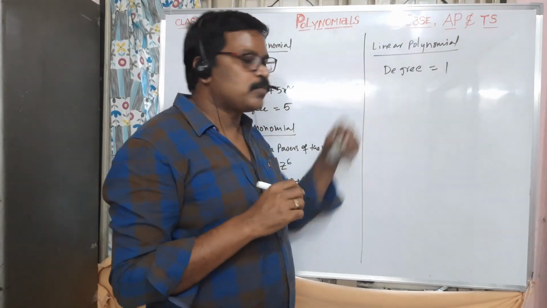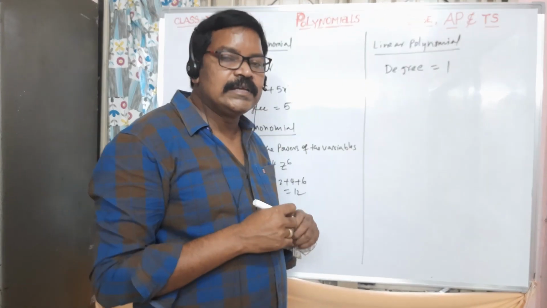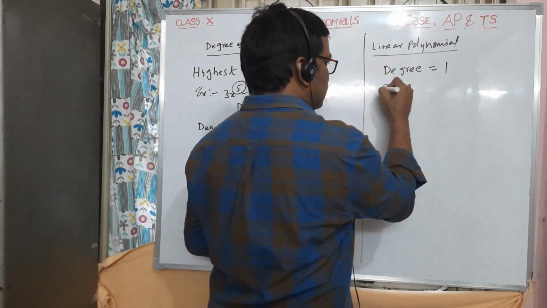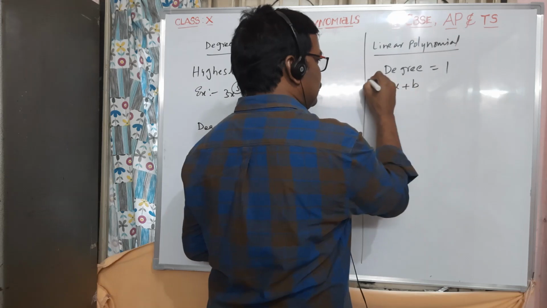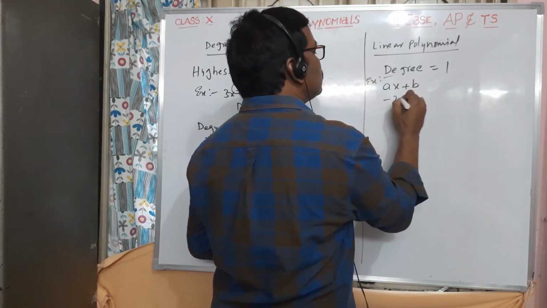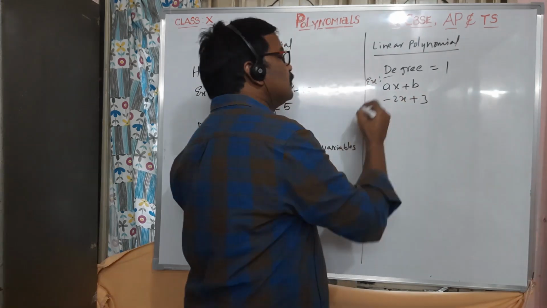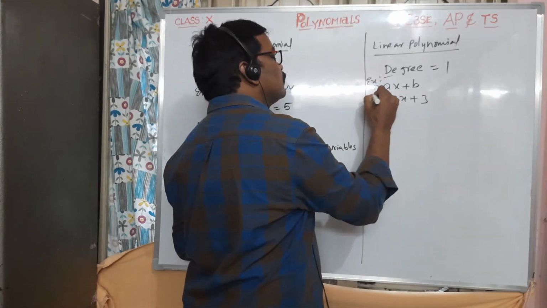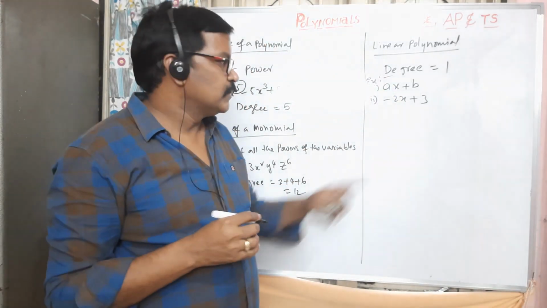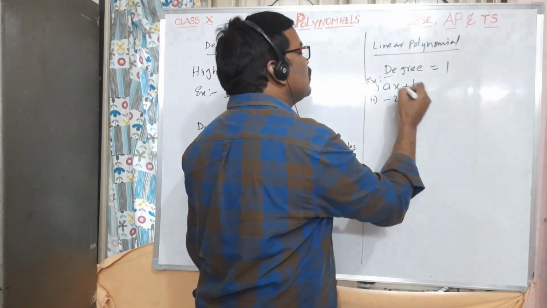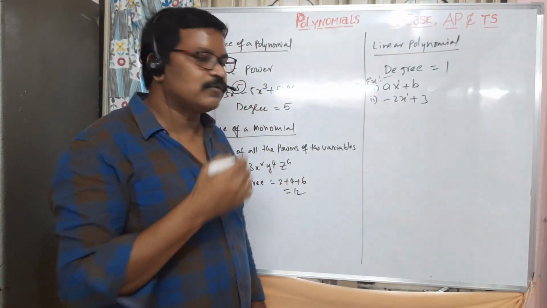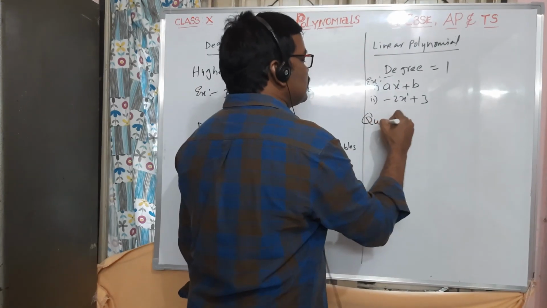For example, ax plus b or minus 2x plus 3. These are examples of linear polynomials. Here the degree is 1, x to the power of 1.